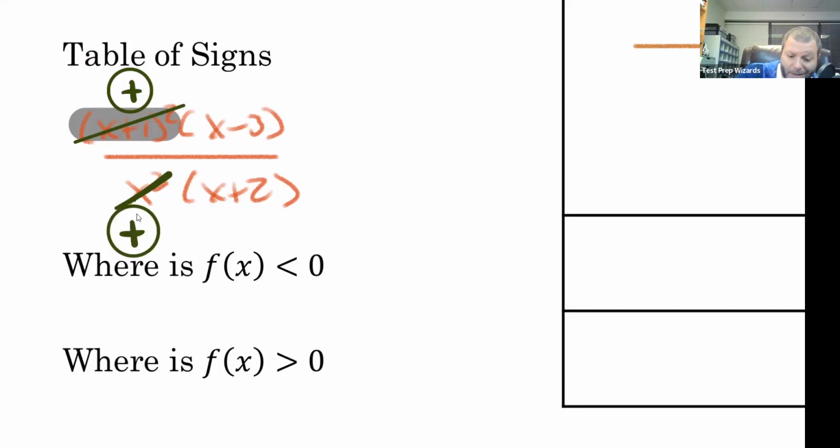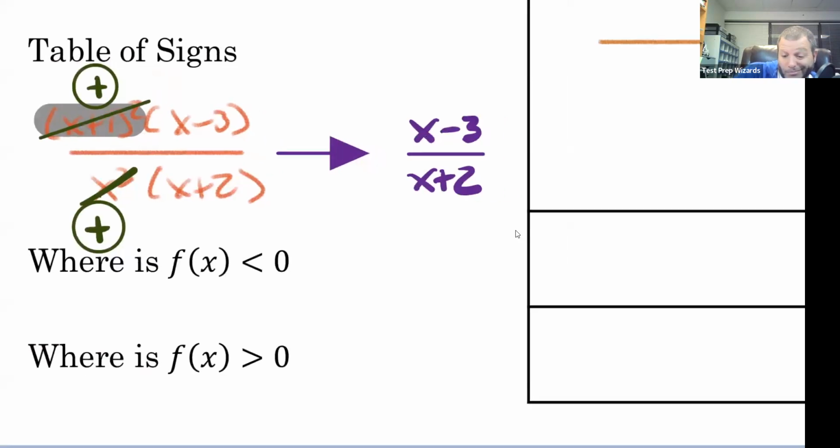So those things just stay positive. In terms of our table of signs, we really can just look at the function (x minus 3) over (x plus 2), because I'm multiplying by positives, and those positives don't affect anything.